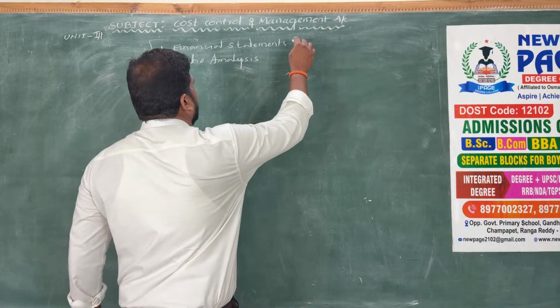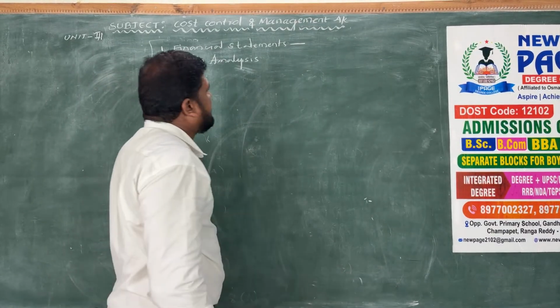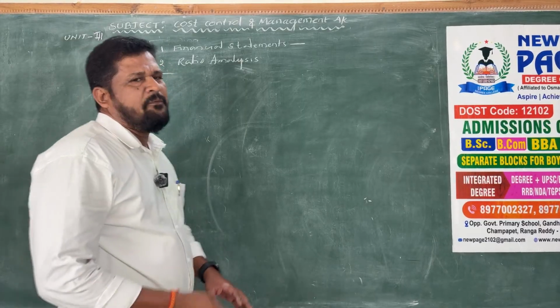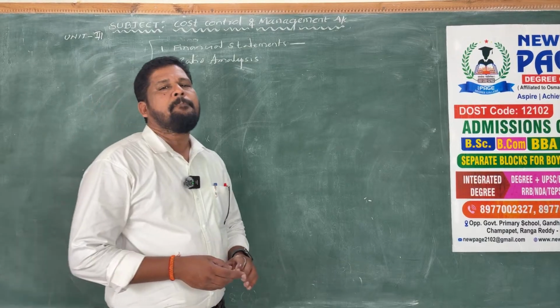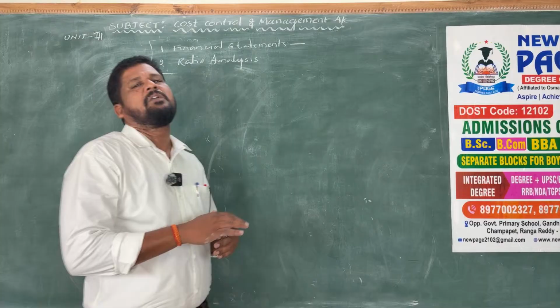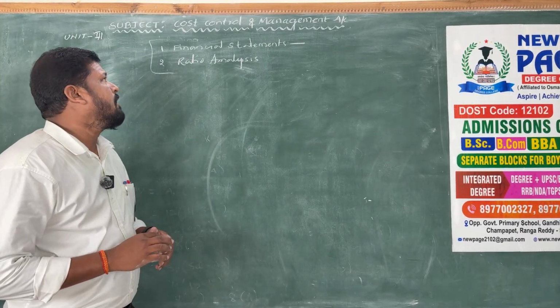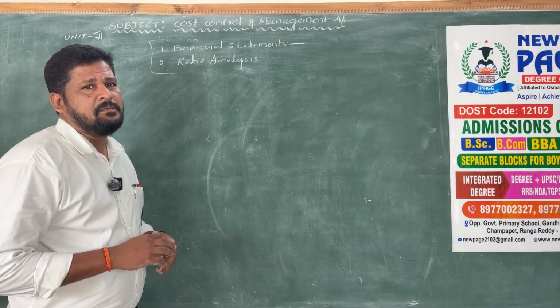Right. So you must read in financial statements theory question. Define financial statement and explain importance. Importance means advantages and disadvantages of the financial statements. Simple. Okay, you know about the financial statements.